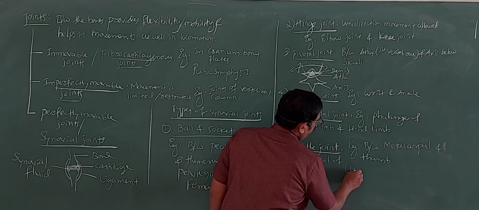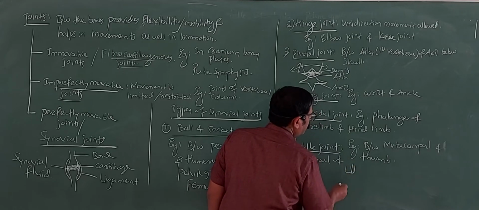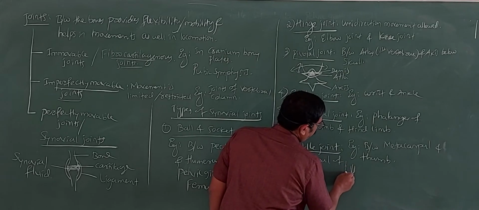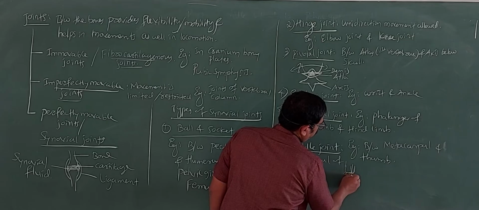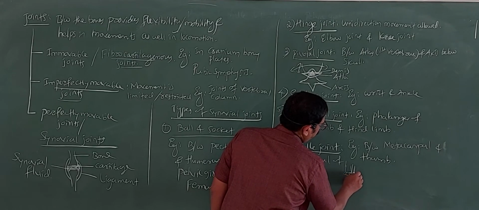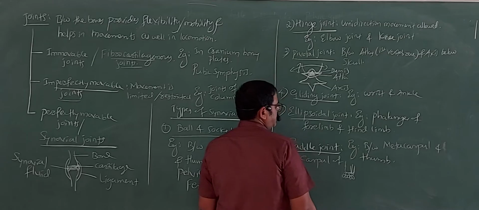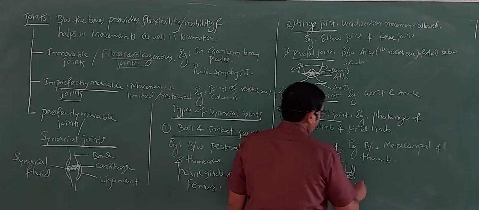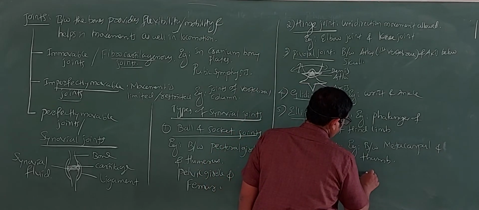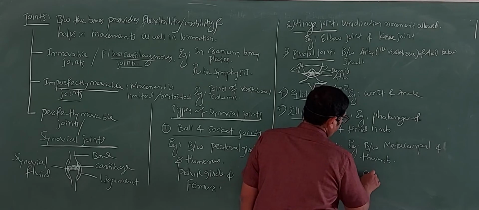Here is the radius and there is the ulna, and then down we find mainly 8 bones. These are the metacarpals. These are the carpals.